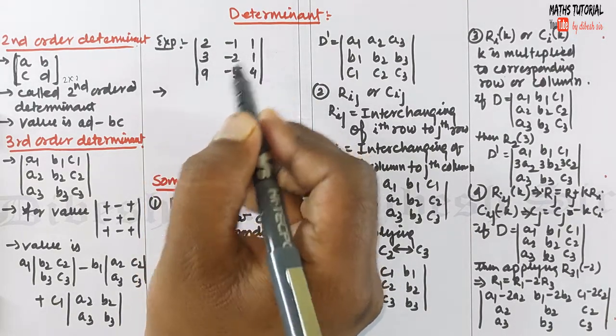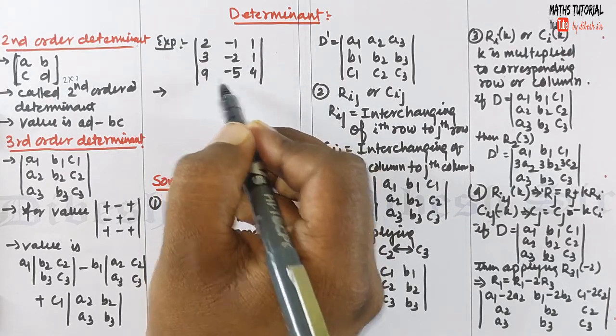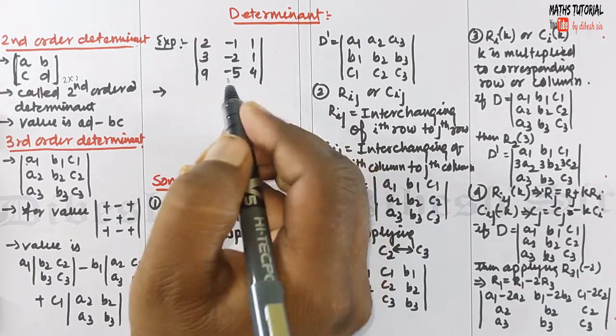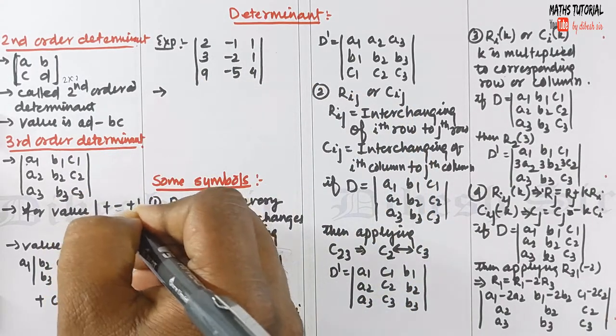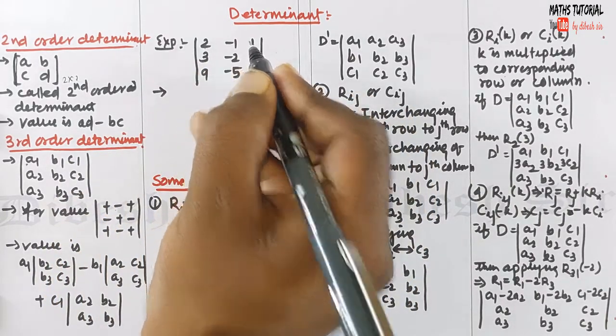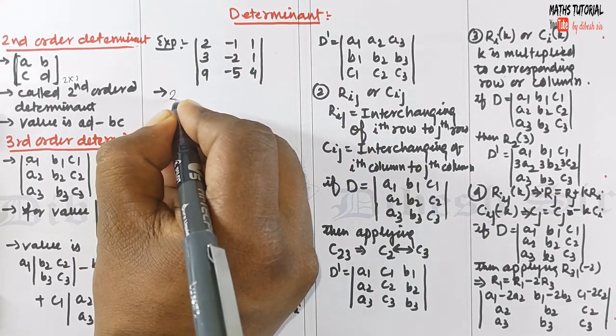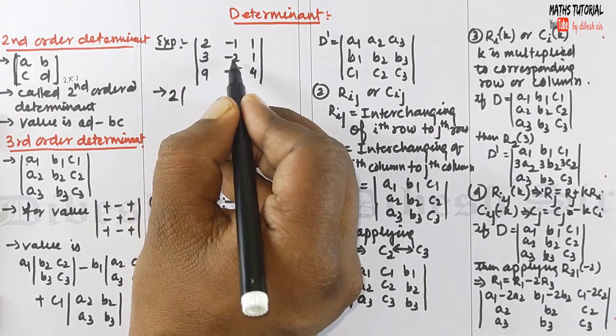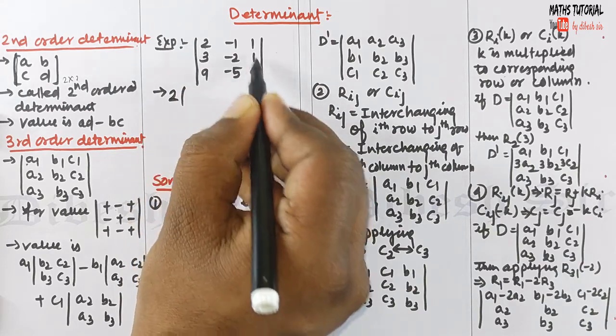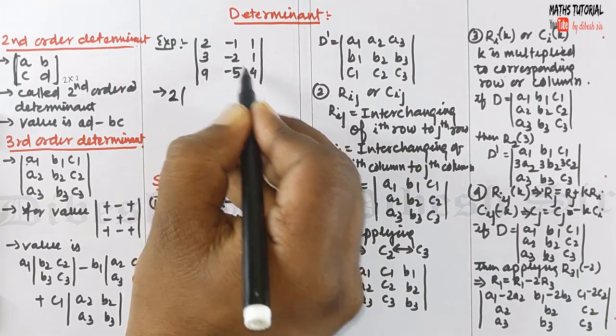2 minus 1 1, 3 minus 2 1, 9 minus 5 4. So we know sign, that is plus minus plus, so write it, that is 2, close the corresponding row and column, you will get these 2, so multiply it.